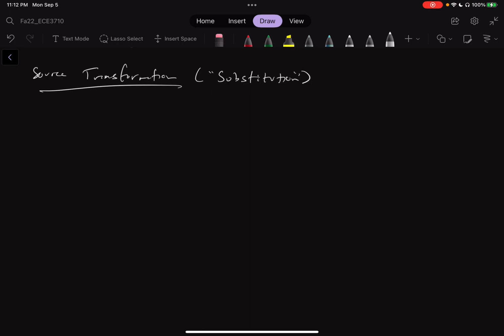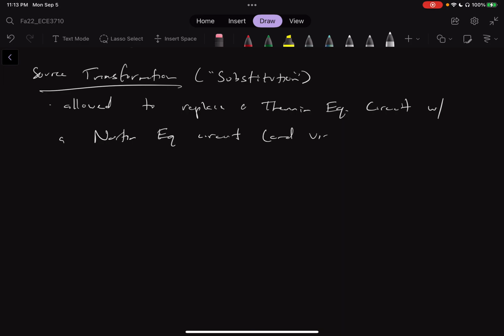It's when you are allowed to replace a Thevenin equivalent circuit with a Norton equivalent circuit and vice versa in any sub-region in a circuit between two nodes.